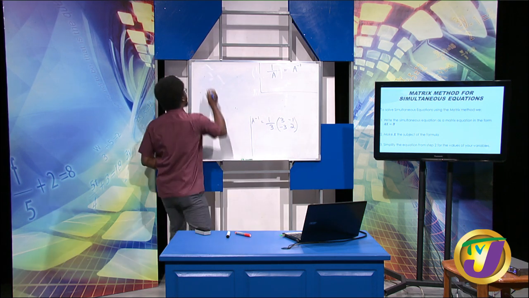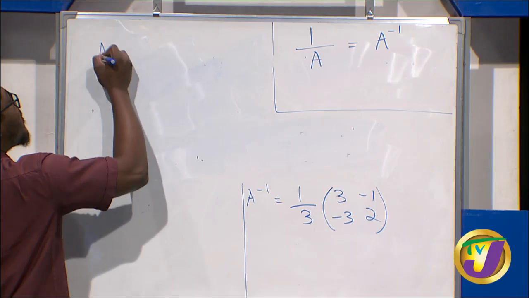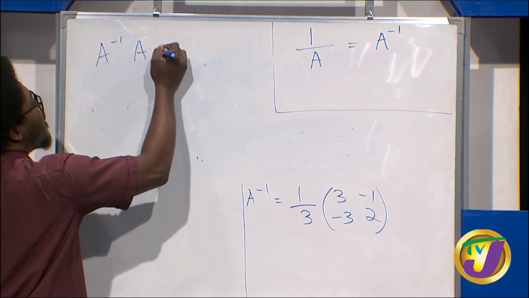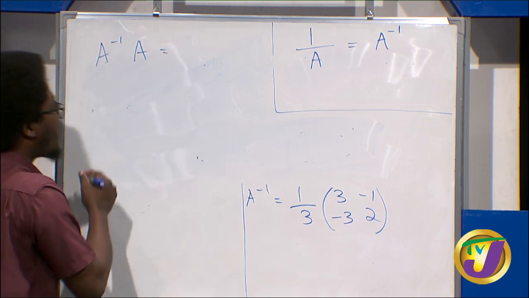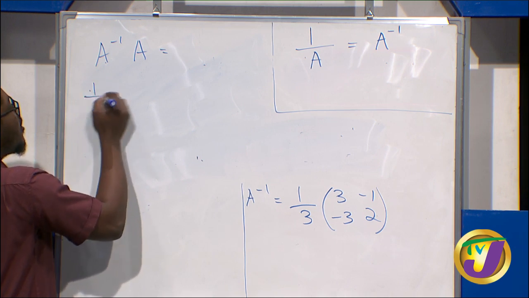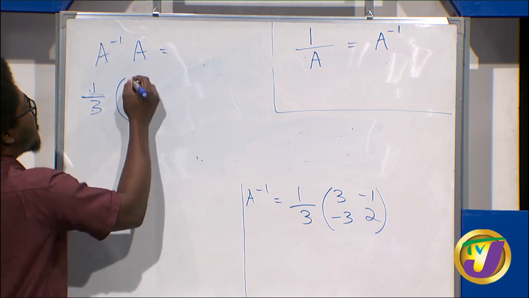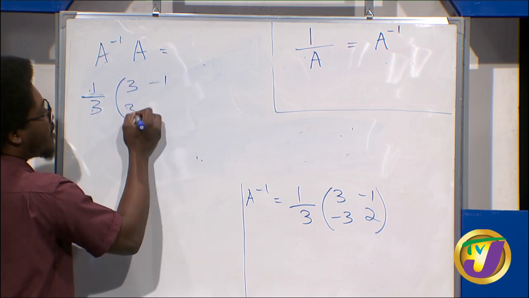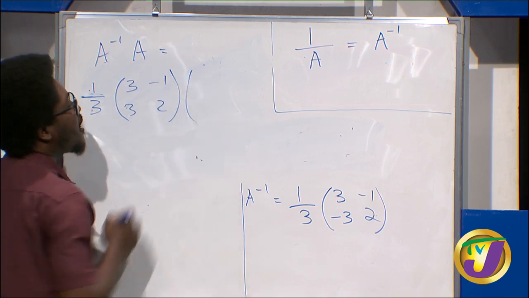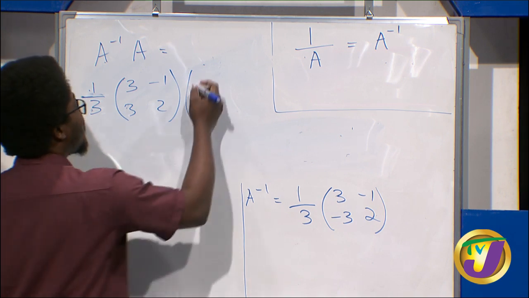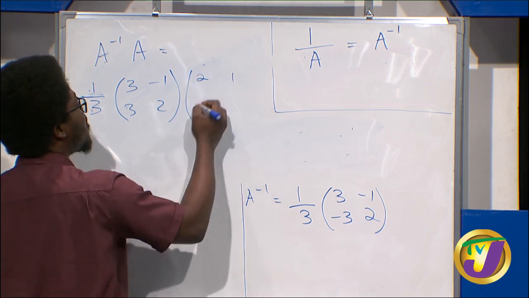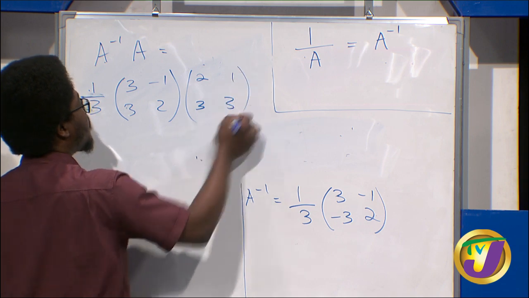And I'm now going to multiply my A inverse by A. And remember, my A inverse is 1 divided by 3, 3, -1, 3, 2, and A, anybody remember what A was? It was 2, 1, 3, 3.